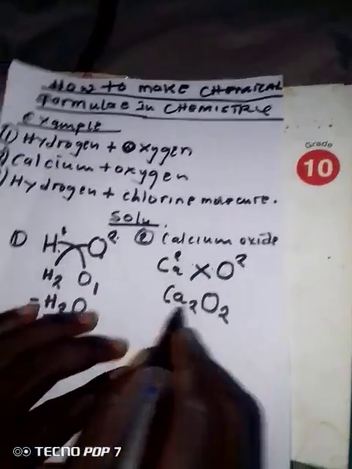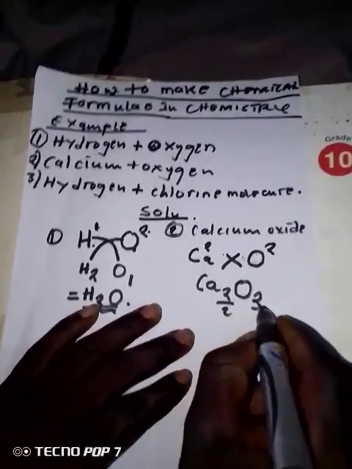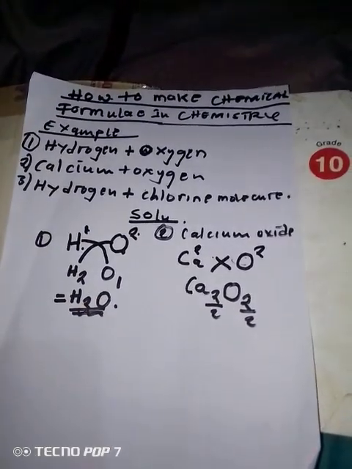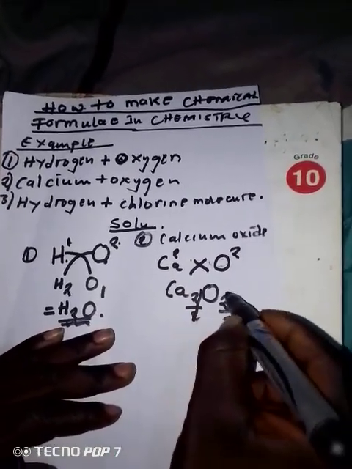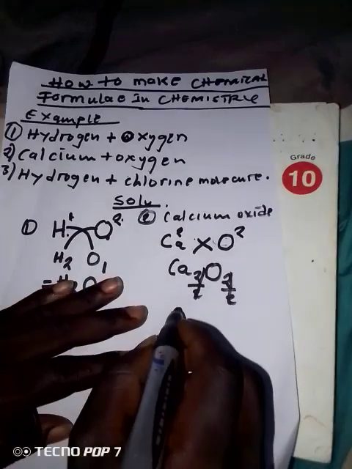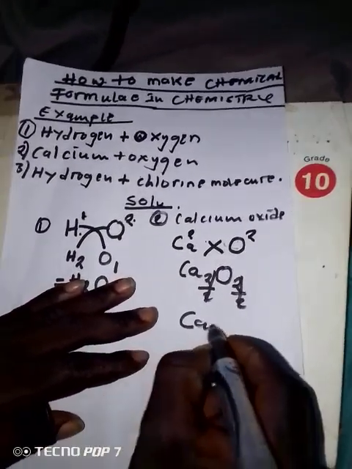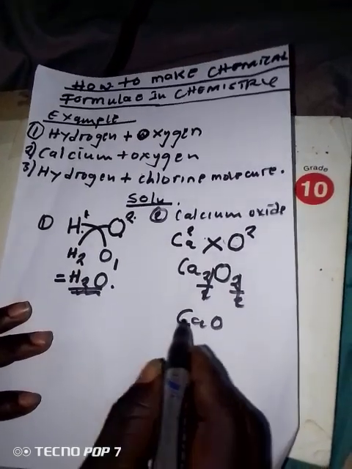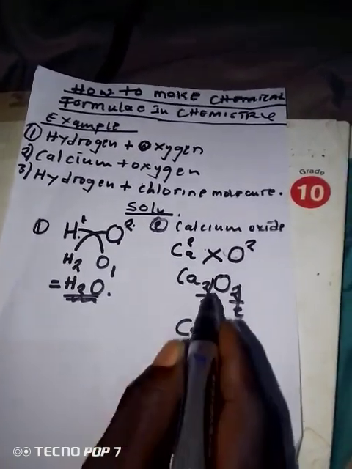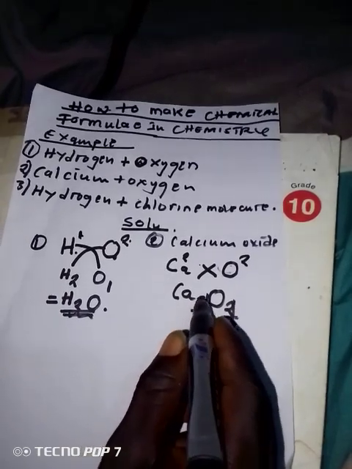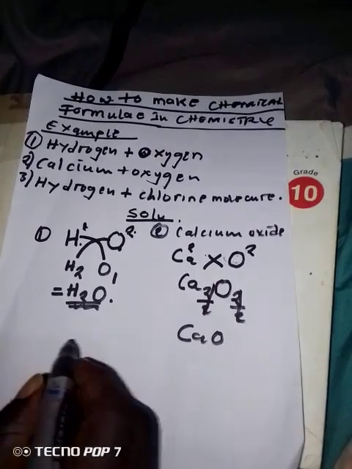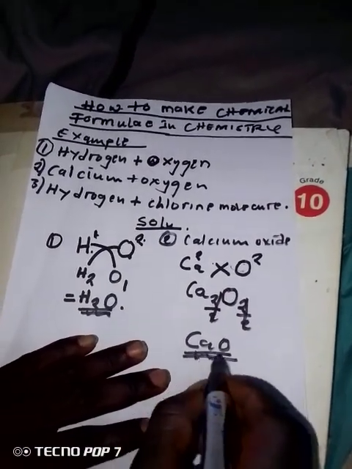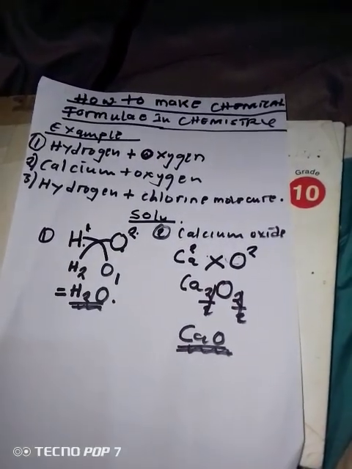When there are 2s here, you can divide through by 2 and cancel them. We are remaining with calcium oxide, CaO, written without any number, because the valences cancel each other. So this is how we write calcium oxide.